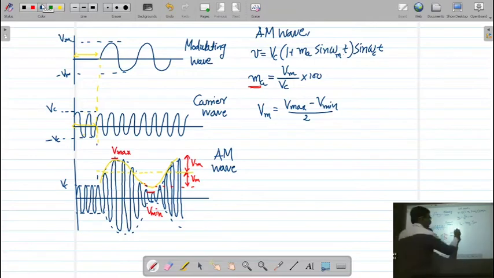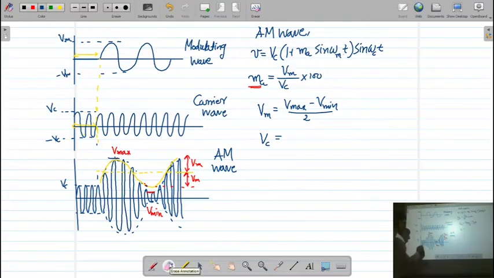Remember there is some mistake in the drawing of this waveform, so here again I will draw this part.